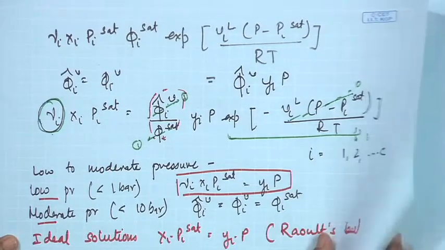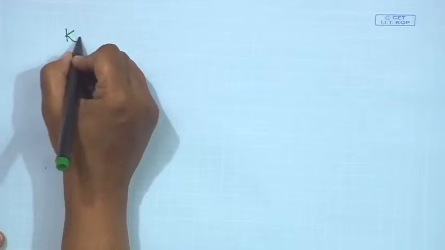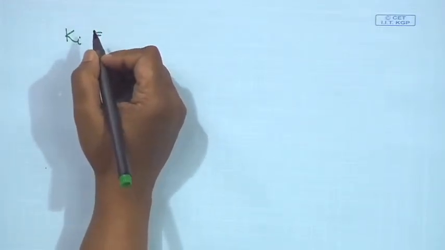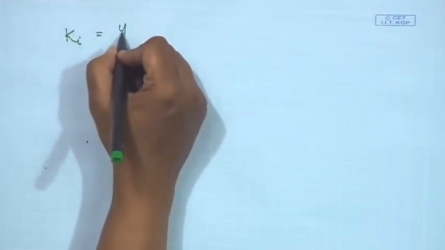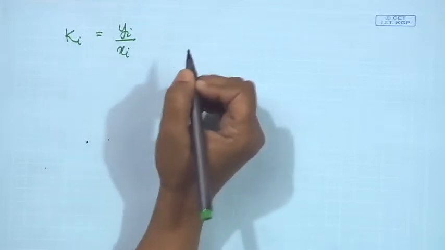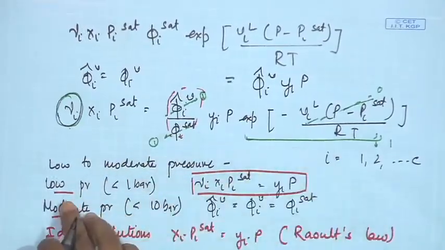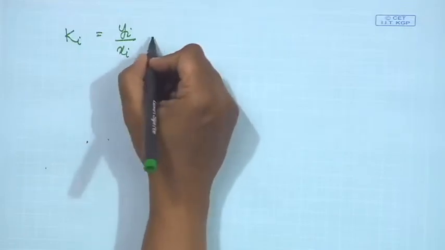So, very frequently what is done is Ki for each particular component, the K factor, is defined, which is nothing but the ratio of the mole fractions in the vapor and the liquid phase. Now, from this equation we find what the K factors should be.